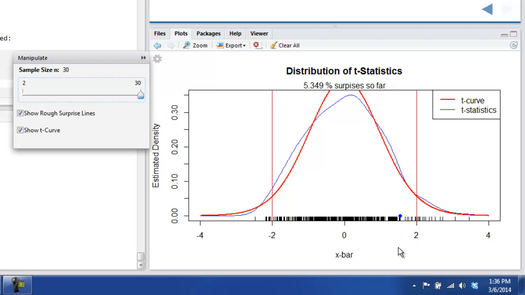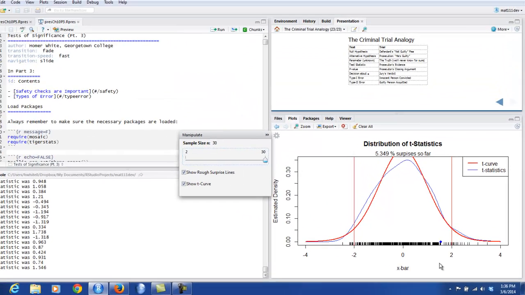In fact, since the theoretical t-curve at 30 degrees of freedom is pretty close to a normal curve, you get approximately normal curve behavior for the t-statistic. So about 95% of the time, no surprise. About 5% of the time, surprisingly large or small values for the statistic.